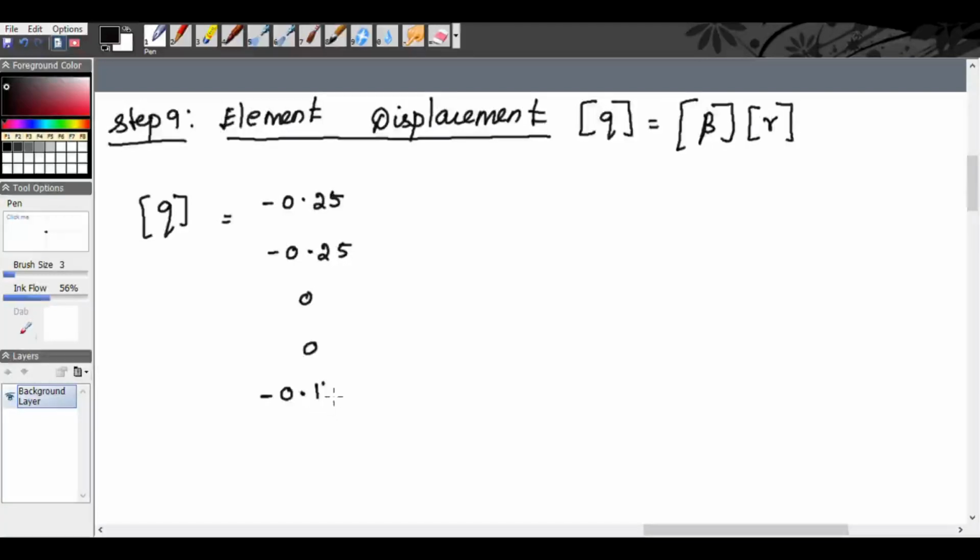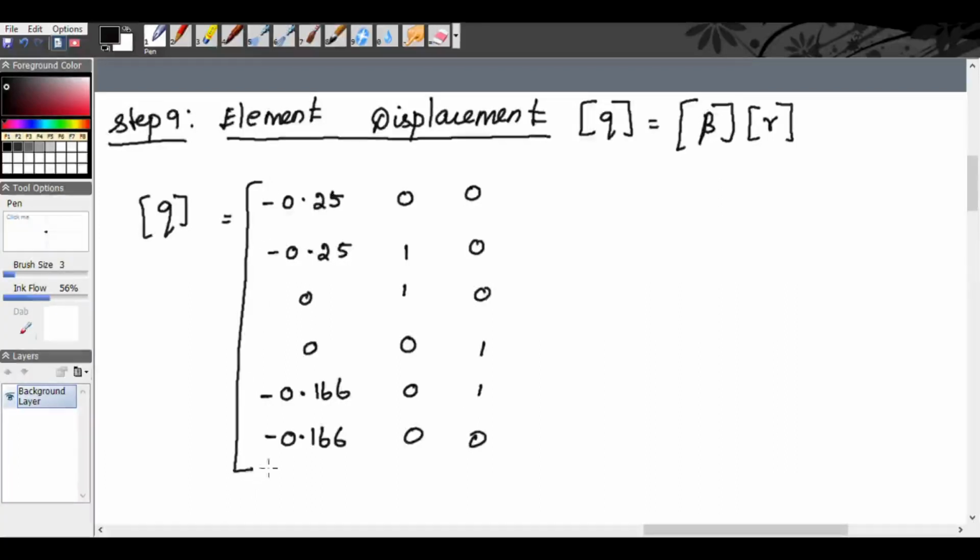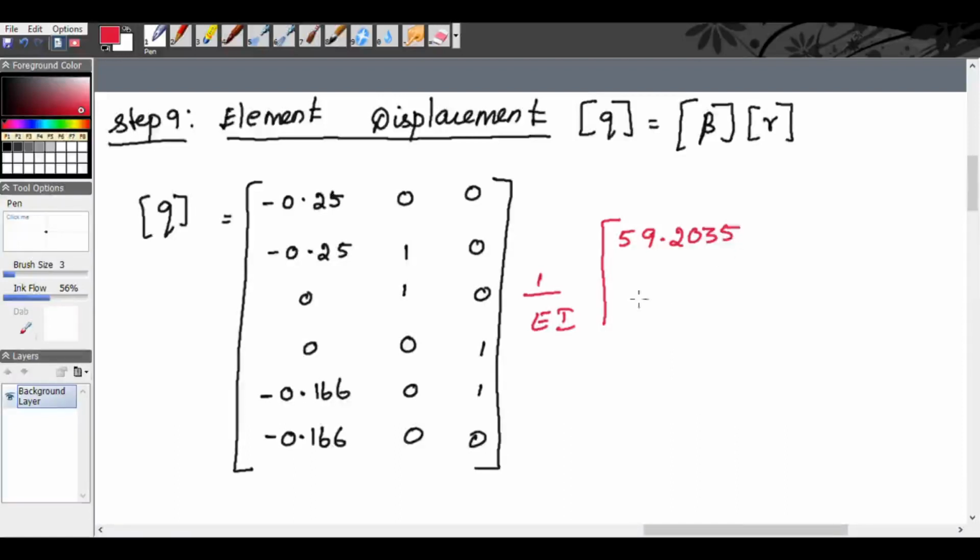So it is minus 0.166, minus 0.166, 0, 1, 1, 0, 0, 0, 0, 0, 0, 1, 1, 0. Multiplied by small r. Small r is 1 by EI into 59.2035, 10.4085, 2.7685.